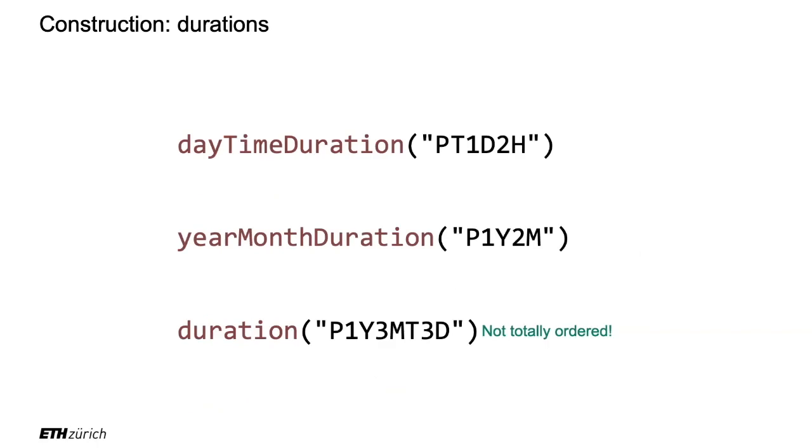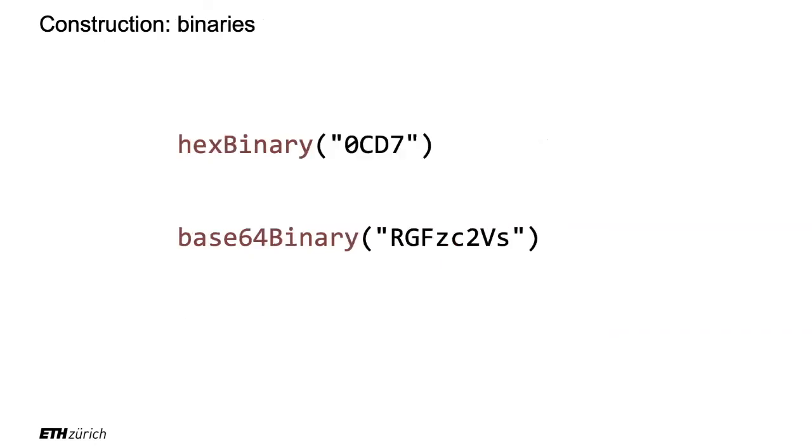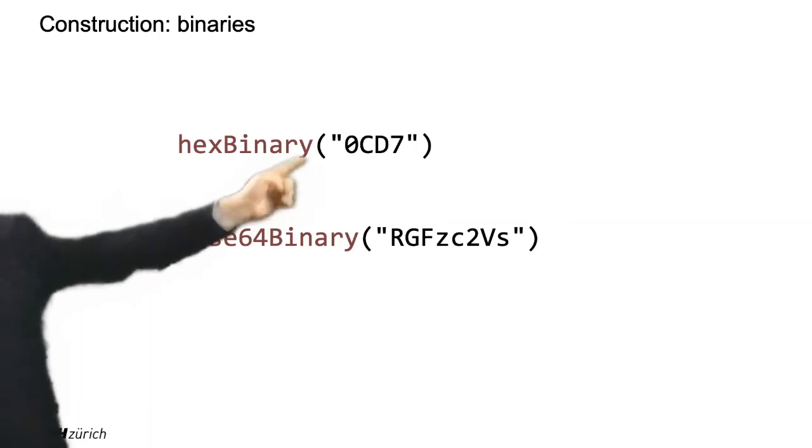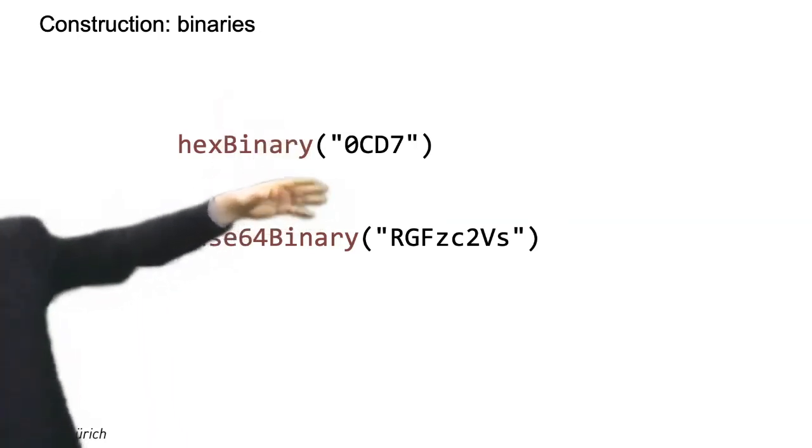Okay, and you have durations as well. I already showed that to you with the P that has the literal of duration. So 1 day, 2 hours, and you have 1 year, 2 months, and then you have 1 year, 3 months, and 3 days, right? Okay, and binaries, you can have binary things. So in base 16, that's called hexBinary for hexadecimal. Just pass a string that contains hexadecimal digits.